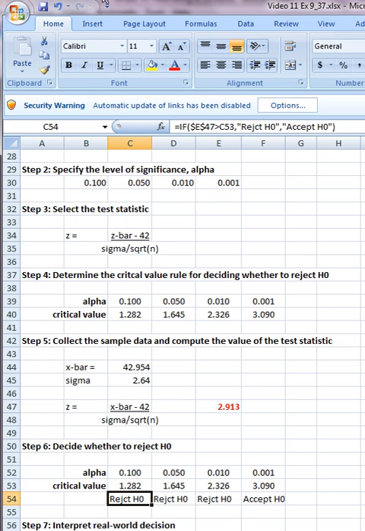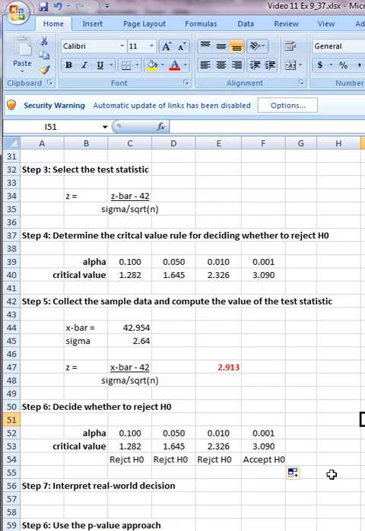This formula says if E47, which is the test statistic, is greater than C53, which is the critical value, then we reject H0, otherwise we accept H0. I can use that formula, just pull it across, and Excel automatically tells me the solution. But I can do that with my eyeball just as well.